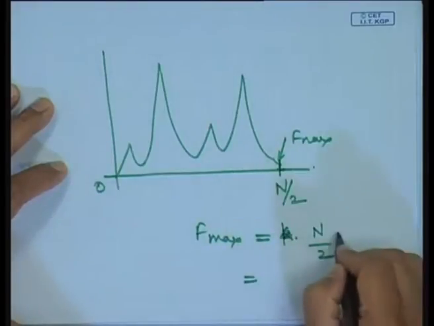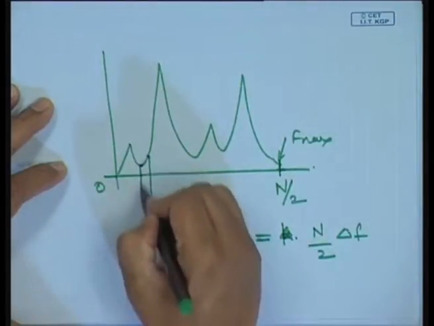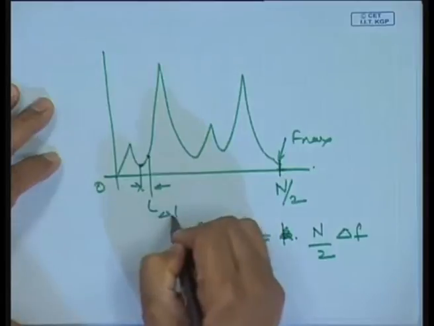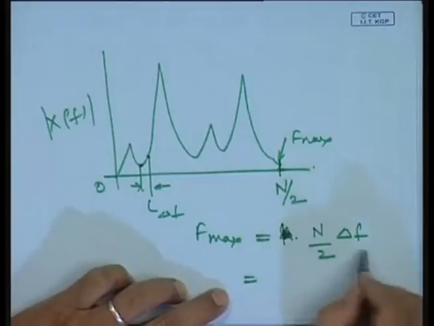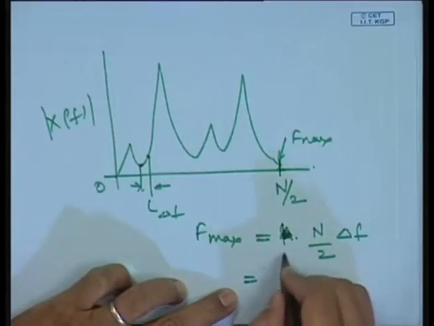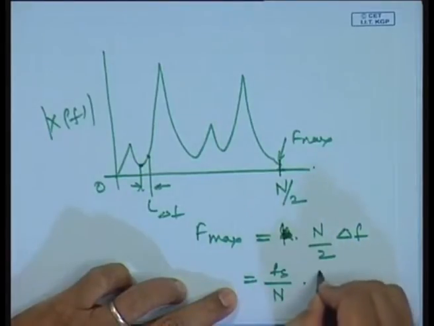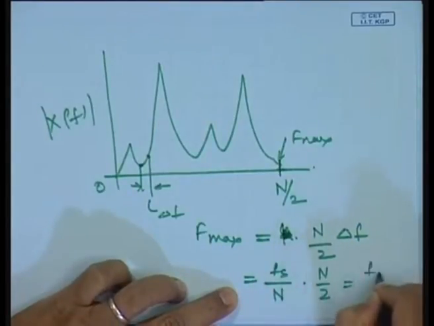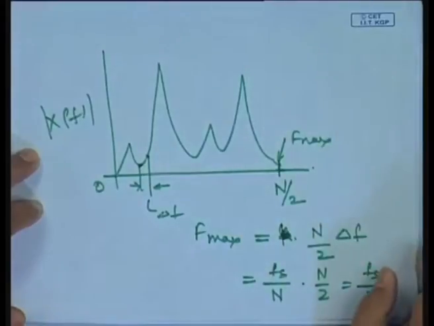I am sorry, delta f times n by 2, because each one of them is delta f. Now, delta f is nothing but Fs by n, times n by 2, that is equal to Fs by 2. So, given a sampling frequency, I can very well obtain almost half of it.